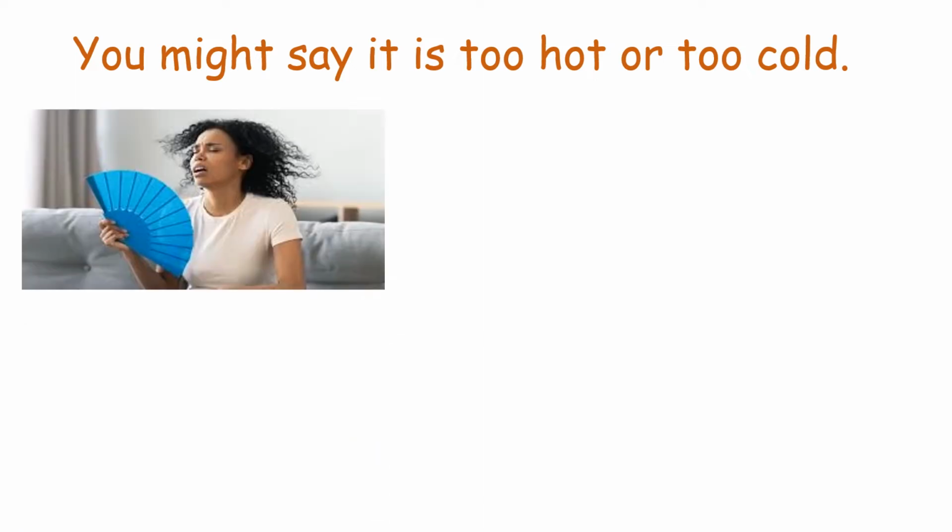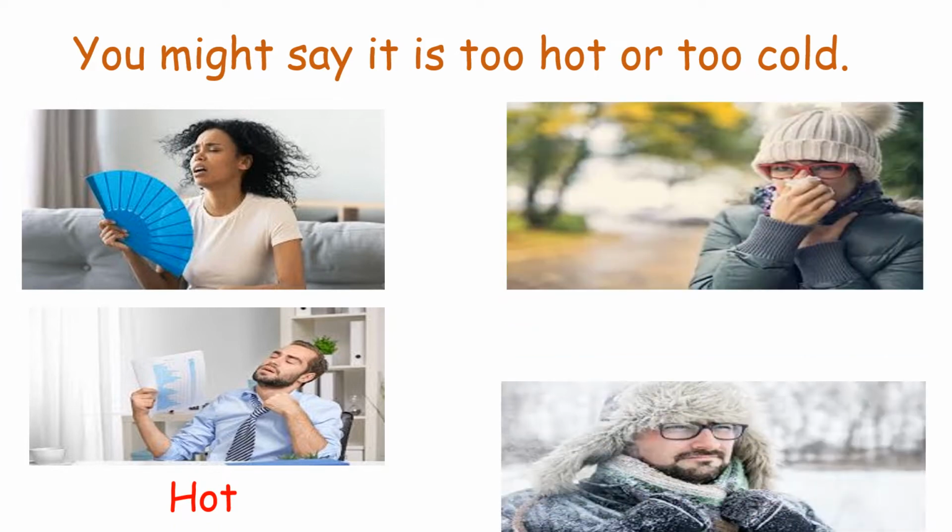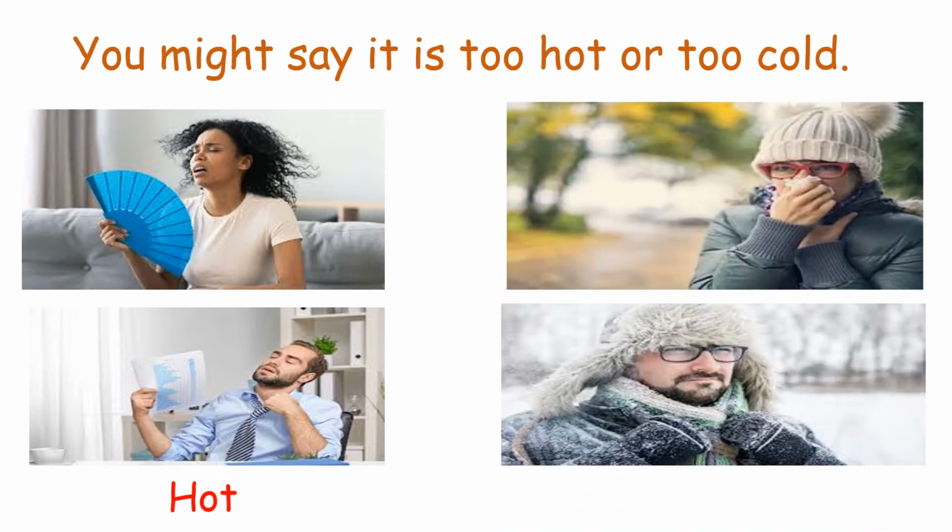Can anyone tell me about the weather in these two pictures? Is it hot or cold? Excellent. It's hot. And look over here. What about the weather in these two pictures? Excellent. It's very clear that the weather is cold.